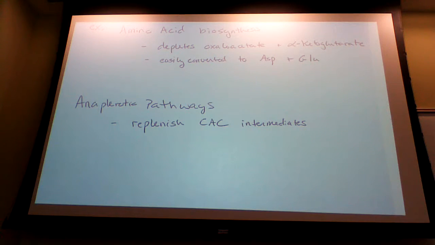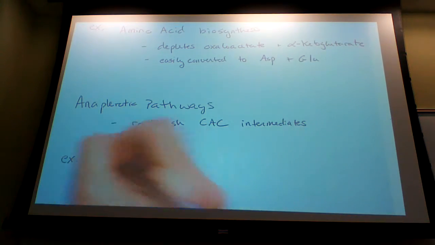If we've got a lot of excess glucose, a lot of excess CAC intermediates, we can pull from it to synthesize things. But if you need to go the other way, if you need to upregulate the citric acid cycle, make it go faster, then you can do that by increasing the concentration of all the intermediates that are available. So you need those. And again, just a few examples.